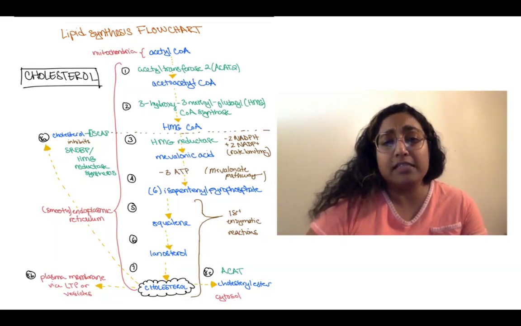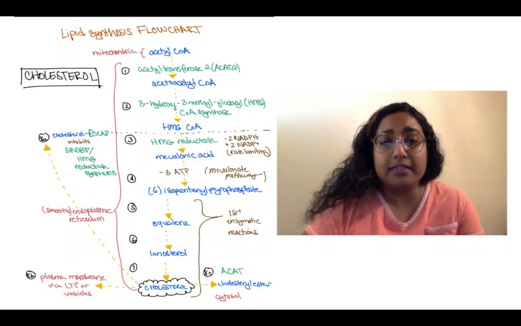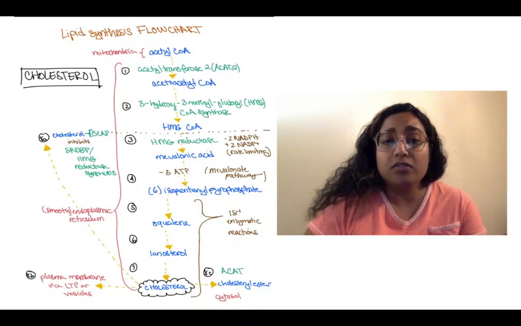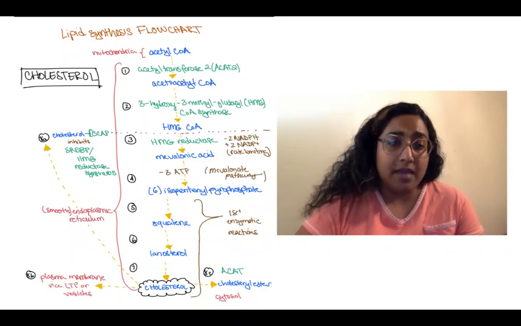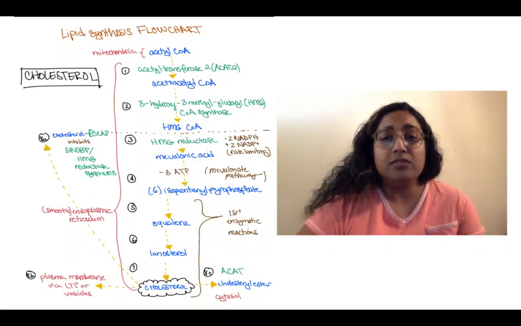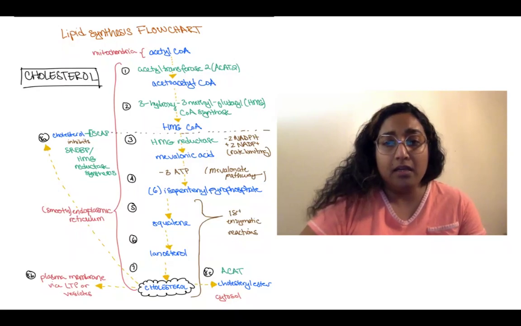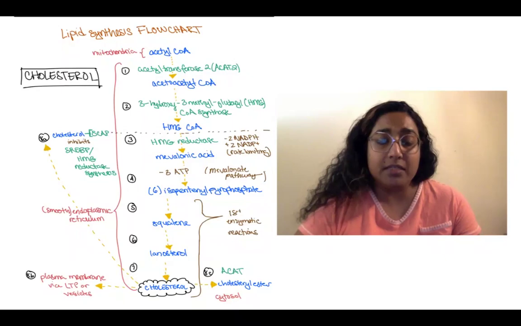HMG-CoA reductase activity is inhibited by glucagon and activated conversely by insulin. Its synthesis is also regulated by a transcription factor called sterol regulatory element binding protein, SREBP, which you can see in step 8A. Mevalonic acid continues through the pathway to be converted through several more enzyme-mediated reaction steps into cholesterol.